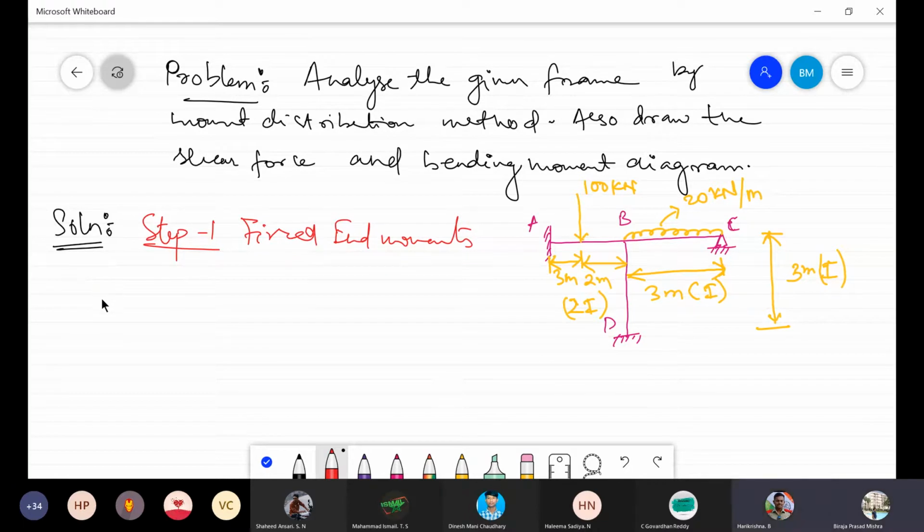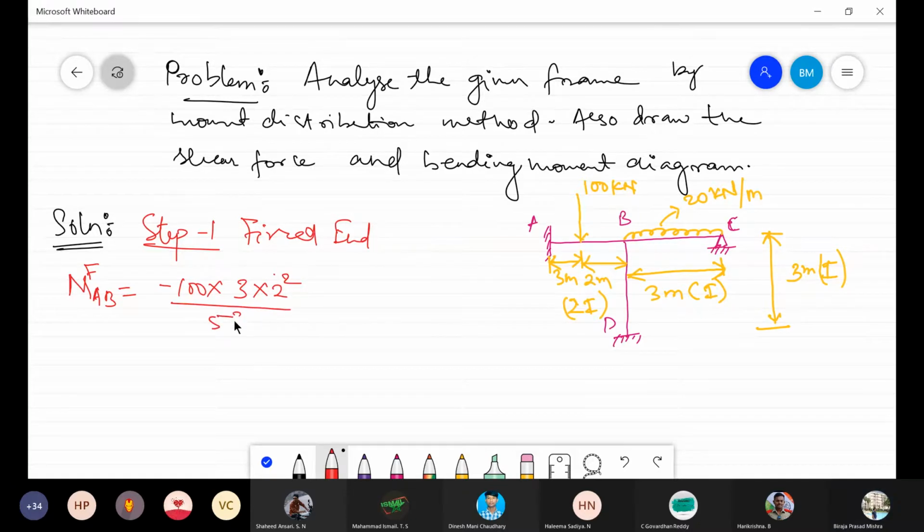MFAB equals to minus 100 into 3 into 2 square by 5 square, is it?